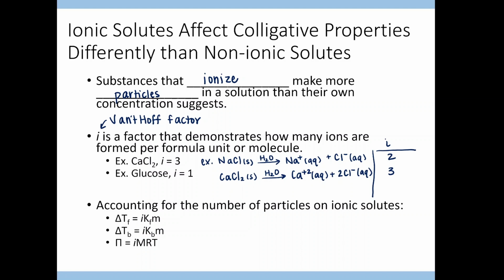It's 3 because there's 1 calcium and 2 chloride ions per formula unit. Something like glucose, C6H12O6, solid glucose, if you add that to water, it does not ionize, it stays as C6H12O6.